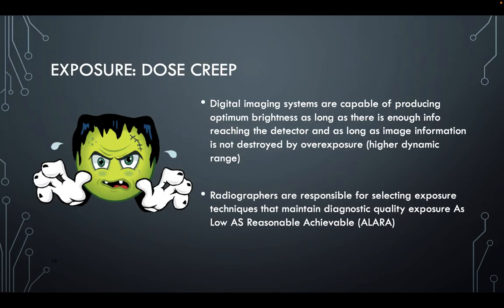So I mentioned that 500% overexposure. That's significantly different than just 80% underexposure. So I have less wiggle room when it comes to underexposure, and I have a lot more space, a lot more freedom in overexposure.